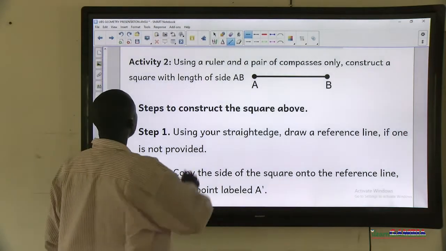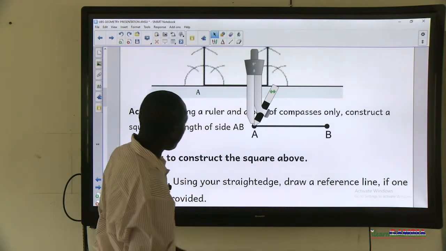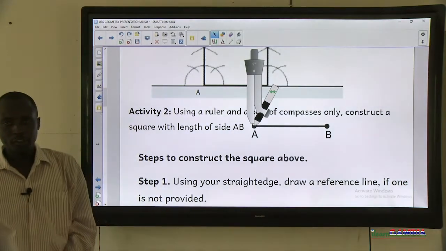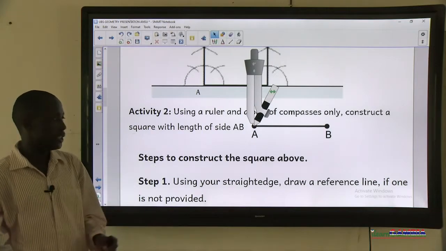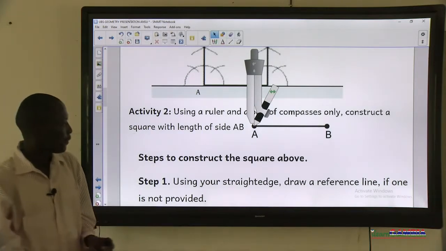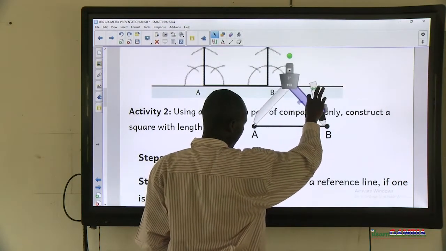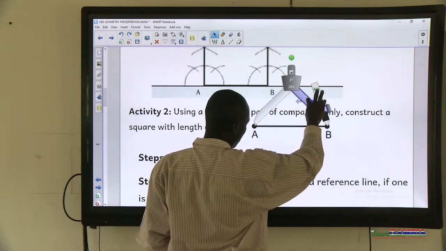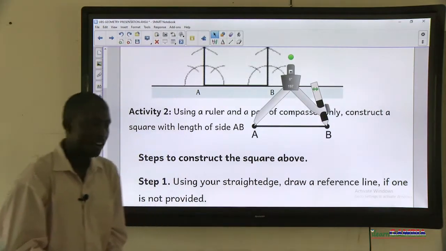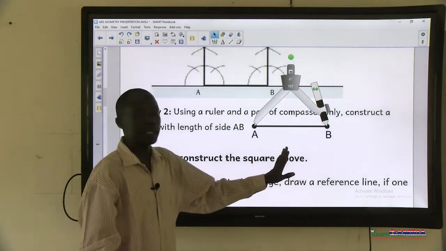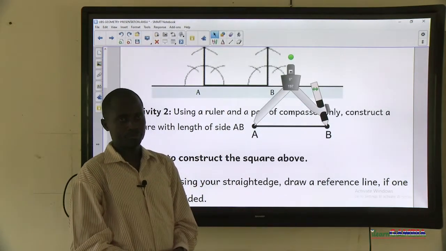How do we copy? Now we take our compass. Good. So we put the compass point at A to copy the line AB. We put the compass point at A and open to the point B. So now, this is the required length of side of this square.